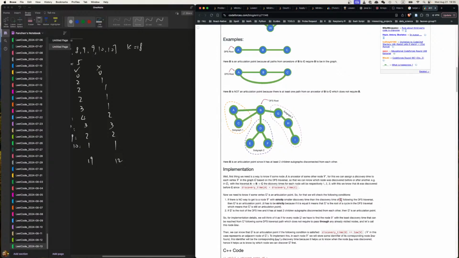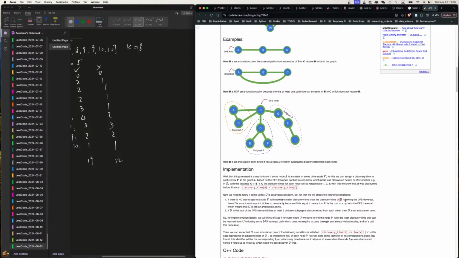As if for every node U, we have to find a node V with the least discovery time that can be reached from U, which does not require passing through any already visited nodes. I don't understand what this means.